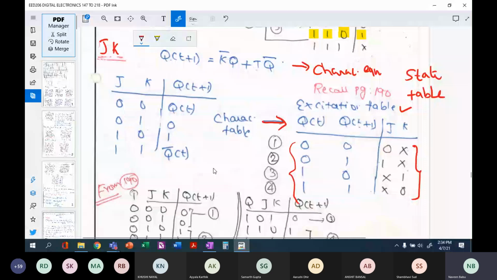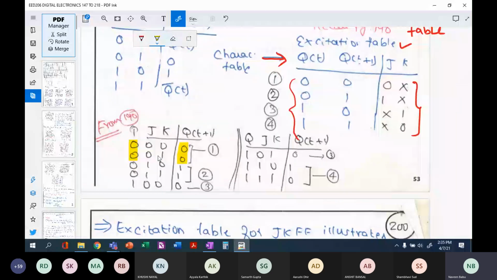So your J value is 0, but K value is don't care. Similarly, when it is 0 1, you have 0 and 1 here. I have already written 1s, 2s, 3s, where you can find those mappings. So for 0 1, it is 1x, for 1 0, it is x1, for 1 1, it is x0.